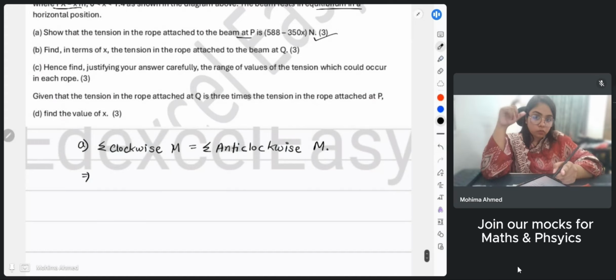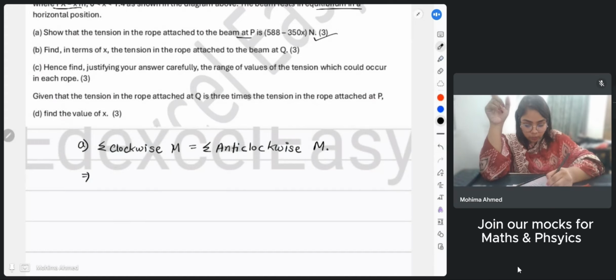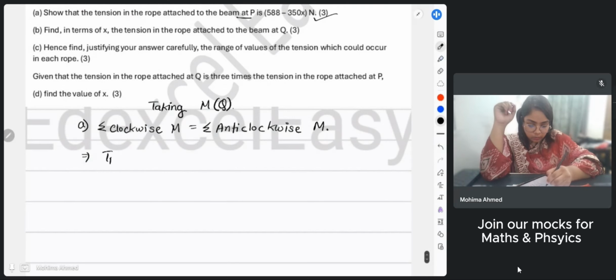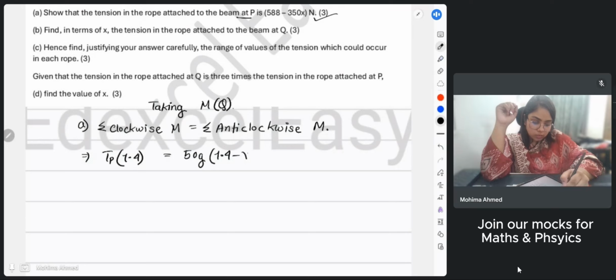And again, I'm taking moments about point Q. So for the tension at P, this was 1.4 meters away. And again, we have the 50g gymnast, which was 1.4 minus x meters away, plus 20g multiplied by 0.7.